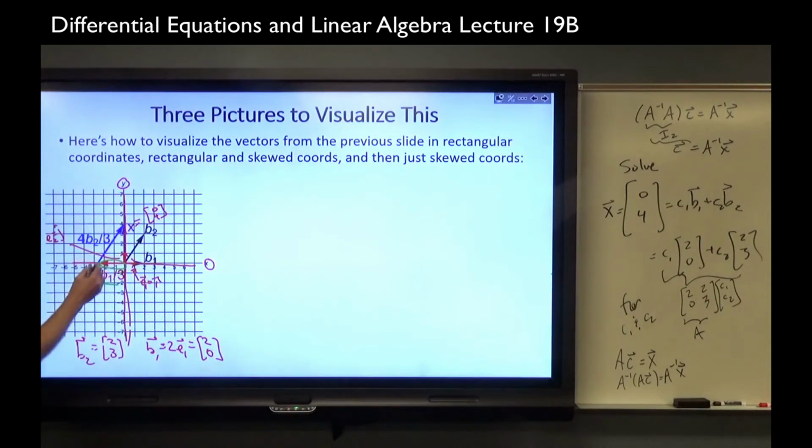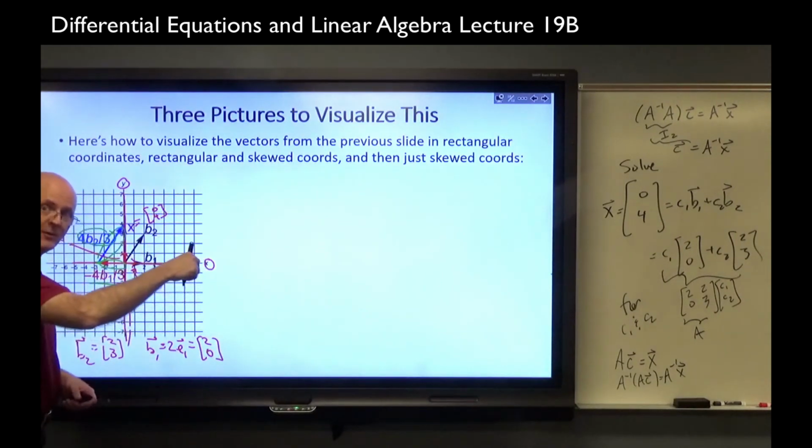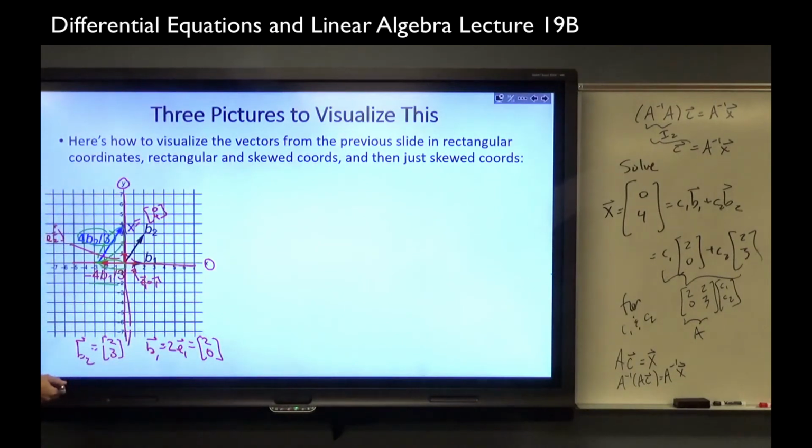And this blue vector is 4/3 times B2. Remember, C1 was negative 4/3, C2 was positive 4/3. You can see the red plus the blue gives you the purple. Isn't that nice? Red plus blue gives purple. X is negative 4/3 B1 plus 4/3 B2.